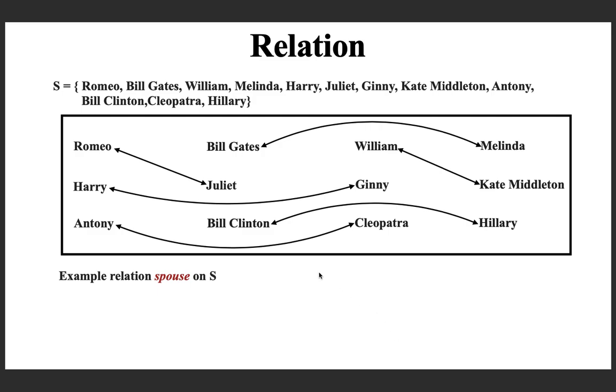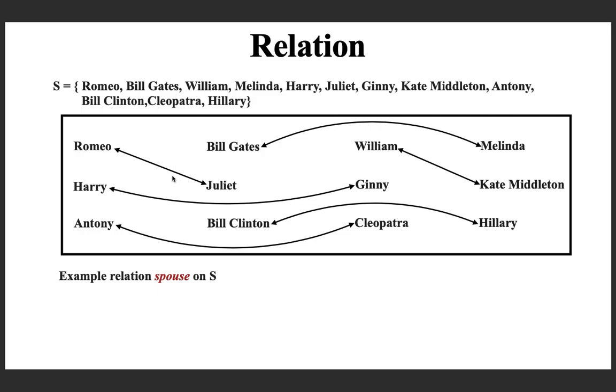Here a directed arrow, it's actually a both way arrow, represents that in this direction Romeo is related to Juliet, or Romeo is the spouse for Juliet. In the other direction it says that Juliet is the spouse for Romeo.